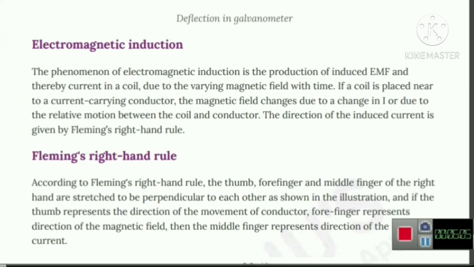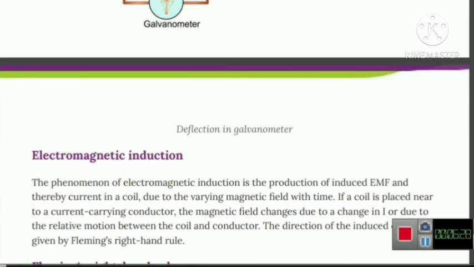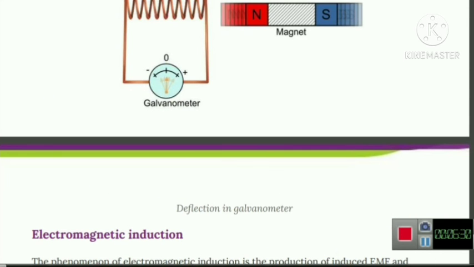This was first studied by the scientist Faraday, who made an important discovery of how a moving magnet can be used as an electric generator. So it can be used to generate electric current. To observe this effect, here we have seen the activity of the deflection in the galvanometer.